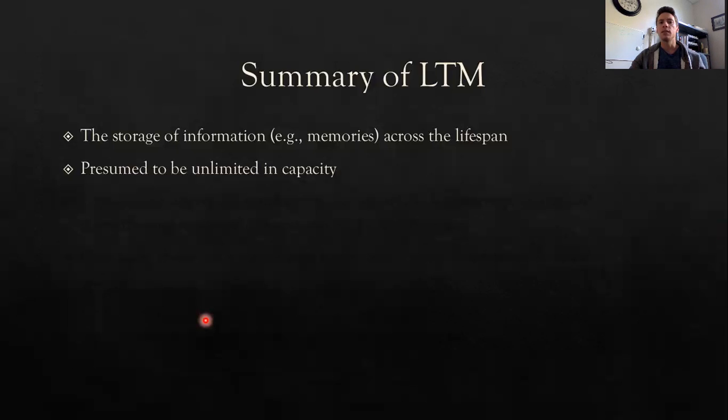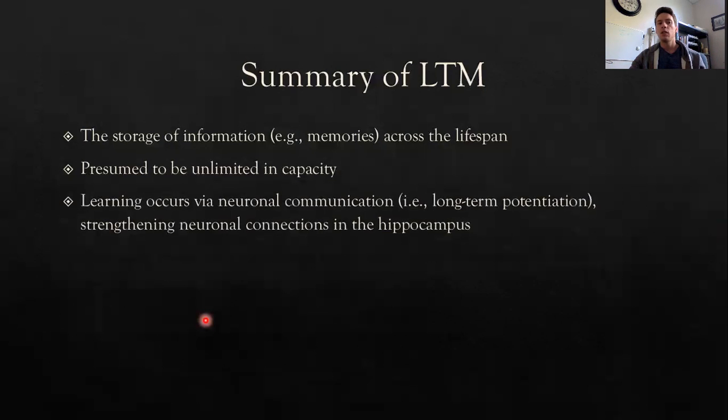So to summarize, long-term memory is the storage of information or memories that occurs across the lifespan, whereas working memory, which we discussed earlier, is limited in its capacity. Long-term memory is presumed to be unlimited in its capacity. Learning in long-term memory occurs via neuronal communication, a process we discussed called long-term potentiation, which is basically the strengthening of neuronal connections in the hippocampus and later between hippocampal neurons and neurons in other parts of the brain.